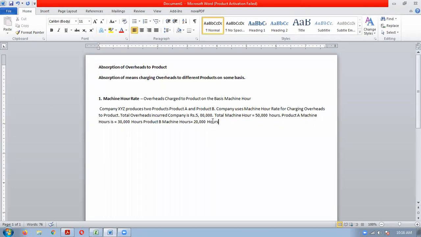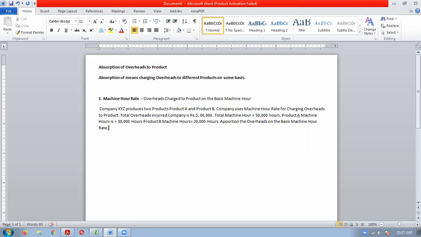So total machine hours by the company is 50,000, and out of that, for product A machine used is 30,000 hours, and for product B machine is used 20,000 hours. Now on the basis of this, we will have to apportion the 5 lakh rupees to both the products. So apportion the overheads on the basis of machine hour rate.